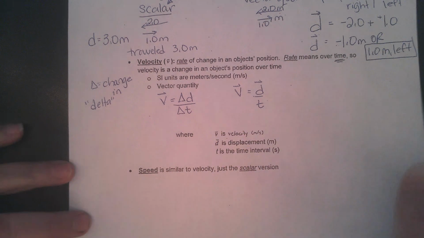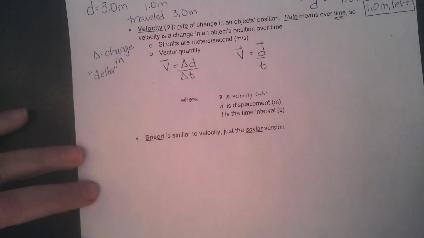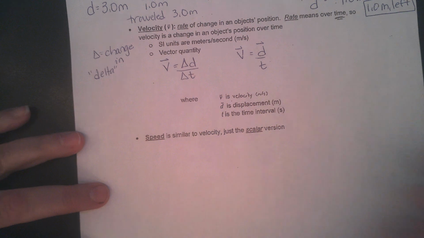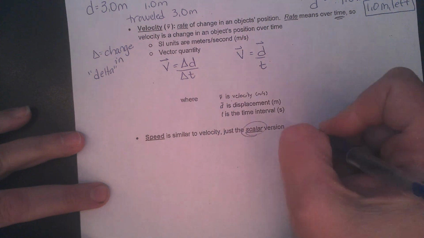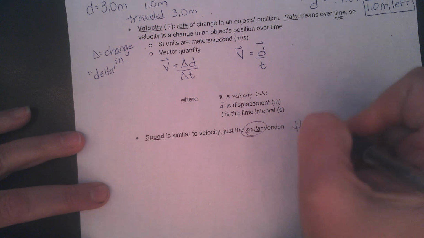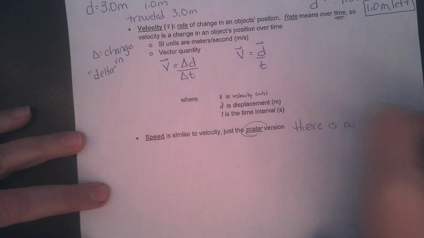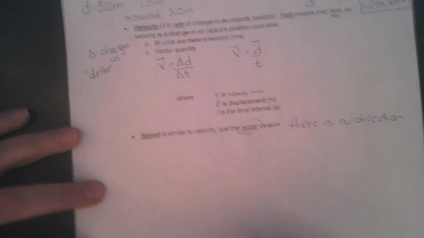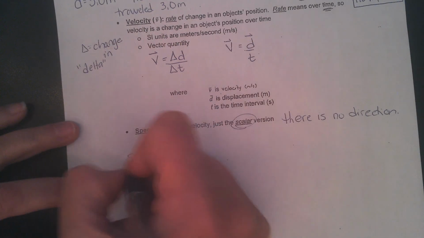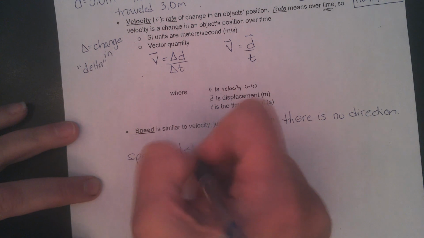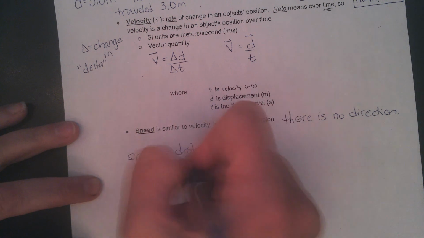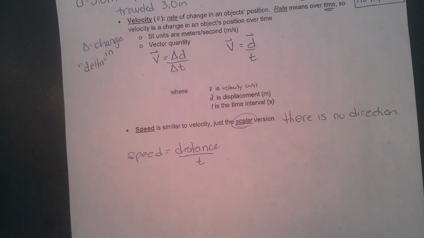So speed is velocity, only it's scalar. And by being scalar, there is no direction. Okay, so speed is equal to distance over time. And let's think about it.